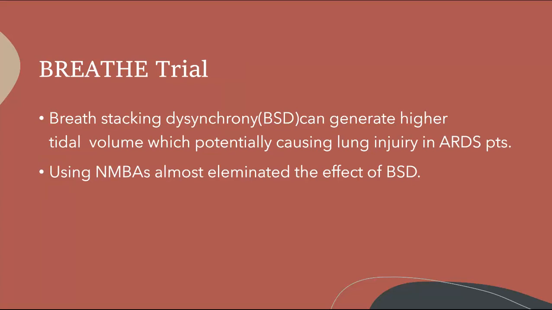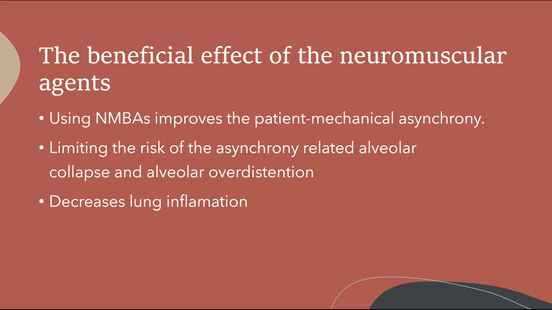In the BREATH trial, patients who started a neuromuscular agent almost eliminated breath stacking, the asynchrony, and had no more lung injury in ARDS patients. So this is the benefit of using neuromuscular agents: no mortality benefit according to the ROSE study, but they improve the asynchrony, decrease the alveolar damage from asynchrony, and decrease lung inflammation.